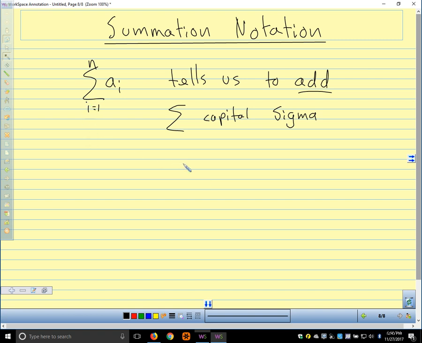And here we call i the index. One is the lower bound. And n is the upper bound.